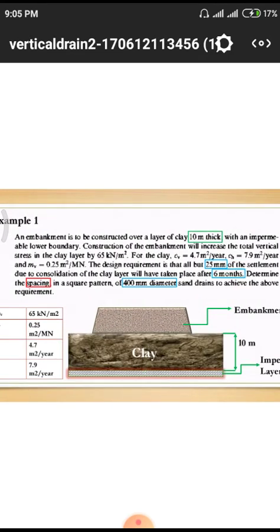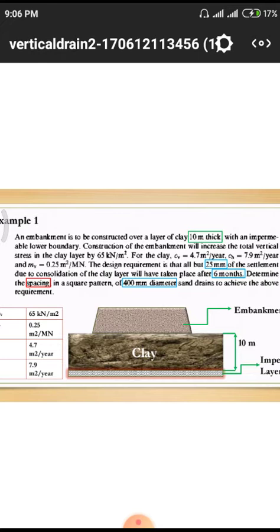First of all, the embankment is to be considered. We need to consider the embankment over a layer 10 meters thick. That means at the bottom we have a rocky strata. Above the rocky strata, the clay layer is there for a depth of 10 meters.